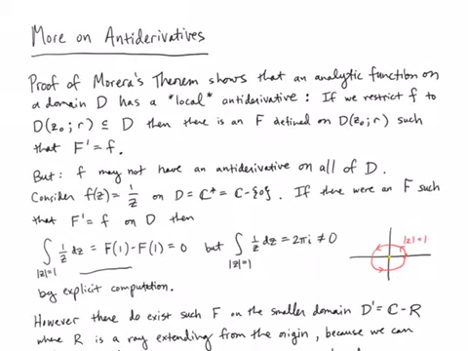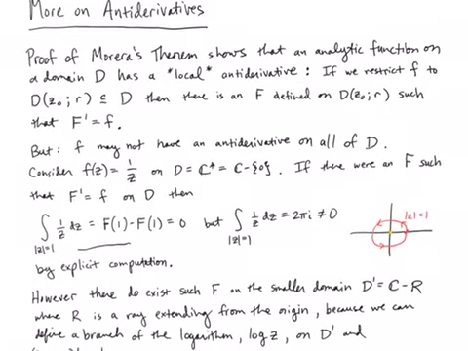But it's easy to compute, and we've done it before in class, even more generally, that the integral of 1 over z around a simple closed curve going around 0 is 2 pi i, and that's not equal to 0. And so this contradiction shows that you can't have an antiderivative on all of the domain.